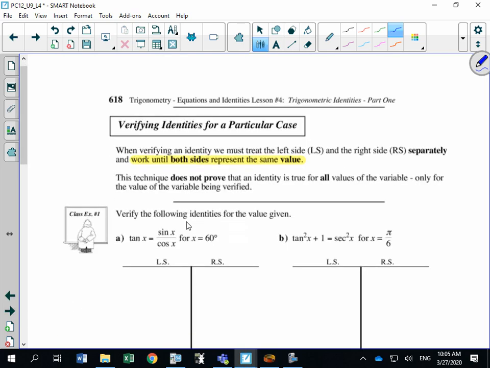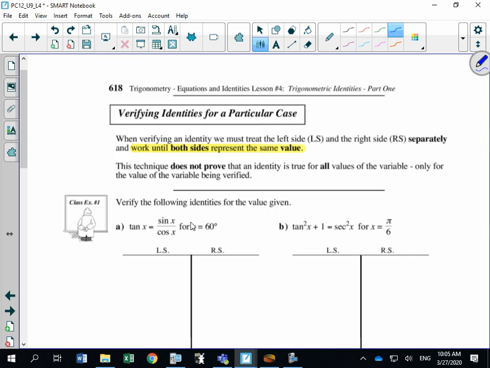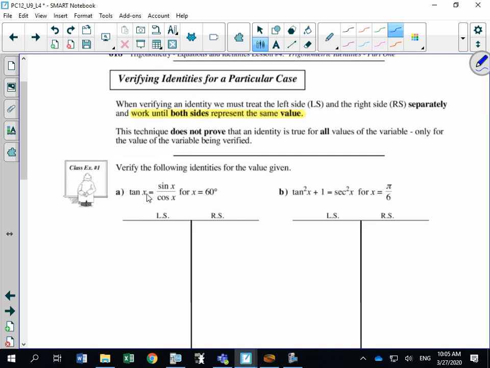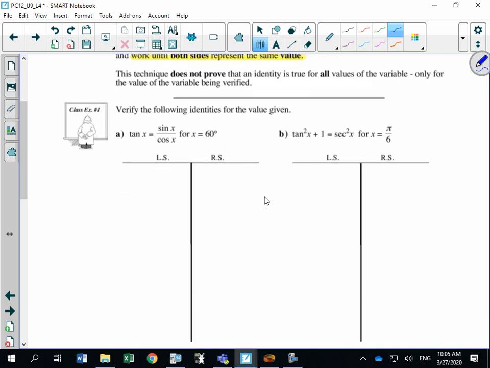So let's look at this first example, where we're verifying identities for a particular case. What they give us is tan x is equal to sine x over cos x. When we're doing these identities, we're always going to separate the left-hand side from the right-hand side. Normally I would draw a line here, but because they have this box, I'm going to put tan x over here, and on the right-hand side, I'm going to write sine x over cos x.